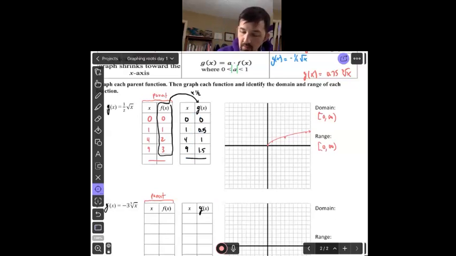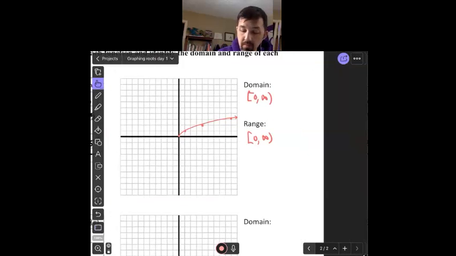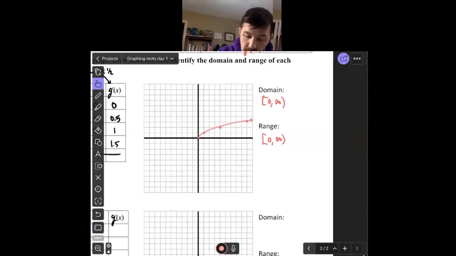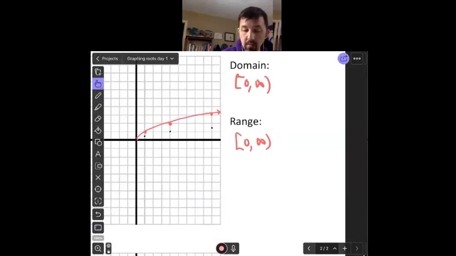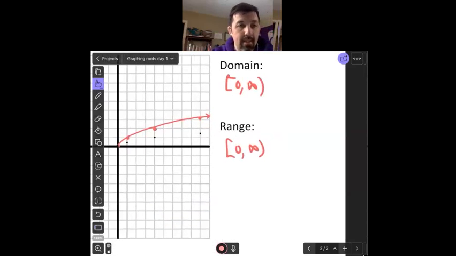So this is actually kind of a little bit of a pain to graph because it is so flat. The numbers are so small. 0, 0, and then 1, 1/2, and 4, 1, and then 9, 1.5. And see, those points are really low, really tight against the x-axis. So this is a very, very flat curve.